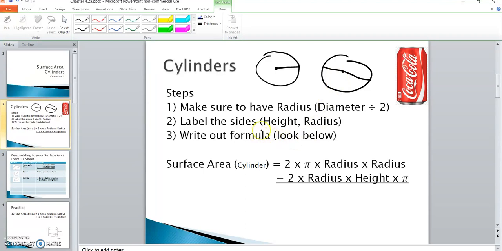Okay. So the steps to finding the surface area of a cylinder is to make sure that we have the radius. If they give us the diameter, then we need to divide by 2. In step number 2, we get to label the sides, which are the height and the radius, and then write out the formula, which is below.